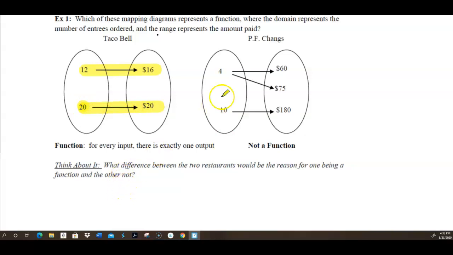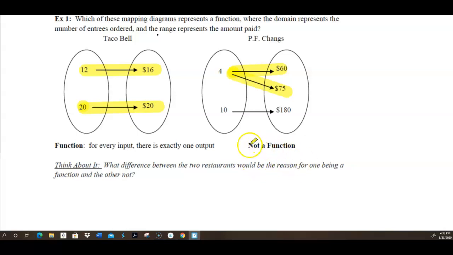Now, if we look at P.F. Chang's, you can see that 4 items on the menu could cost us $60, or 4 items on the menu could cost us $75. Because 4 is mapped to two different numbers, P.F. Chang's in this example is not a function.